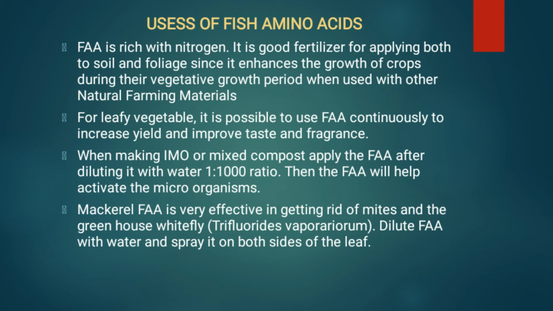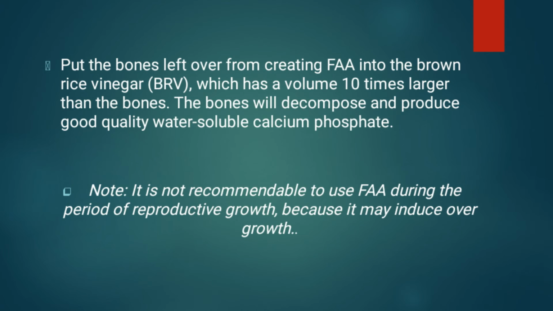The mackerel FAA is very effective in getting rid of mites and the greenhouse whitefly. Dilute fish amino acid with water and spray it on both sides of the leaf.